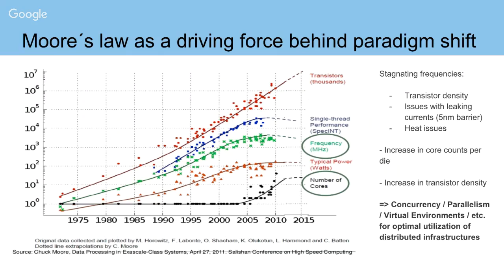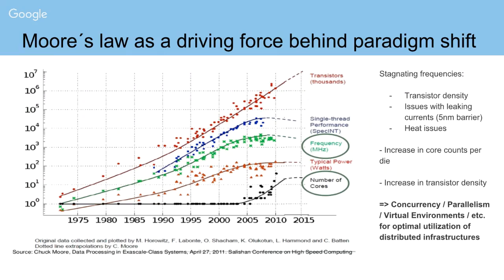Now, at some point, this idea of ever increasing the frequency started to break down because of some physical issues. We had to pack more and more transistors on there for density. The closer we come to it, the more frequency we try to achieve, the hotter this thing actually gets.